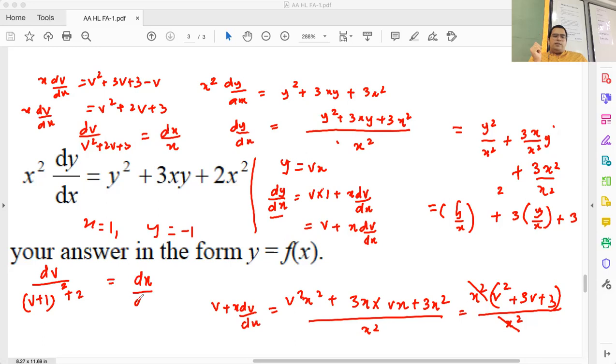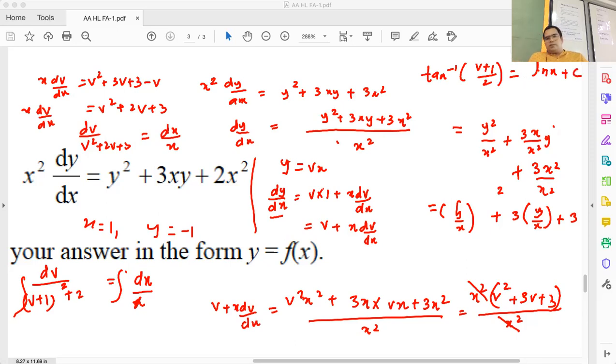Now if I integrate both sides, we get the actual value of the integral. This integral is arctan of (v plus 1) over root 2, equals ln x plus c. The next step is to find the missing constant.